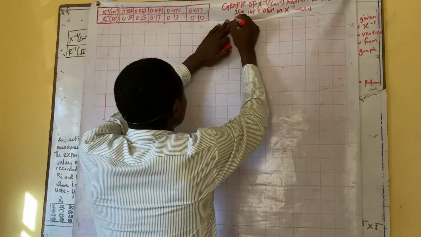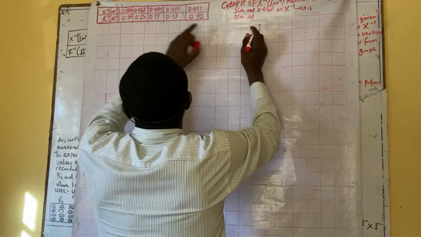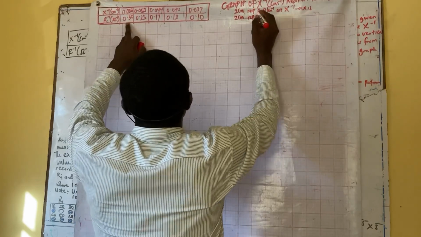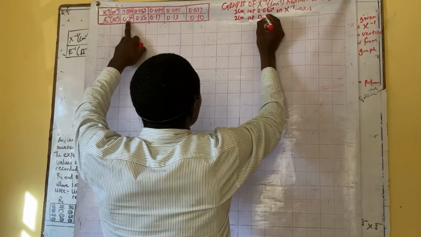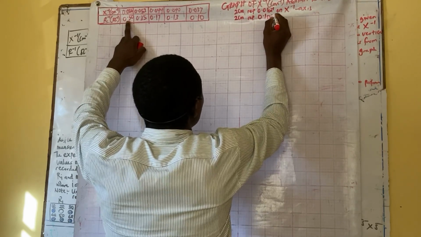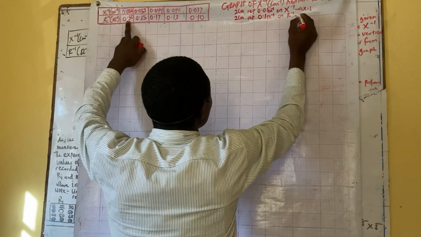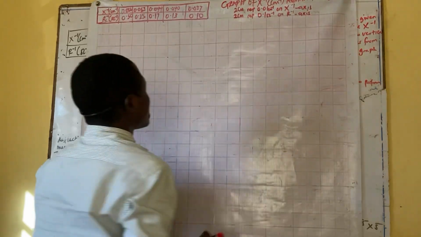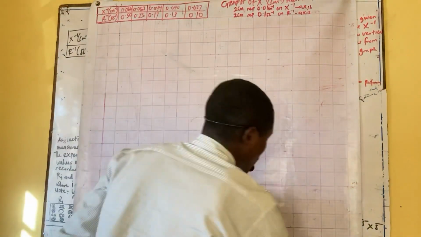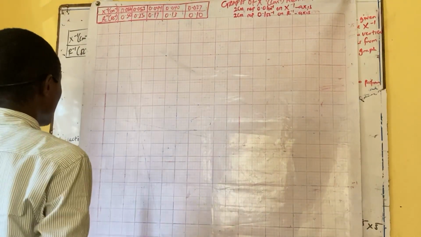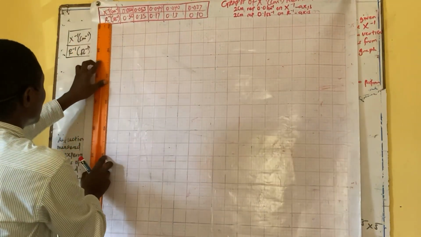On the R inverse axis, the highest is 0.5, so you can use 2 centimeters to represent 0.1 per ohm. So that's our scale. With that, we can easily plot our graph.